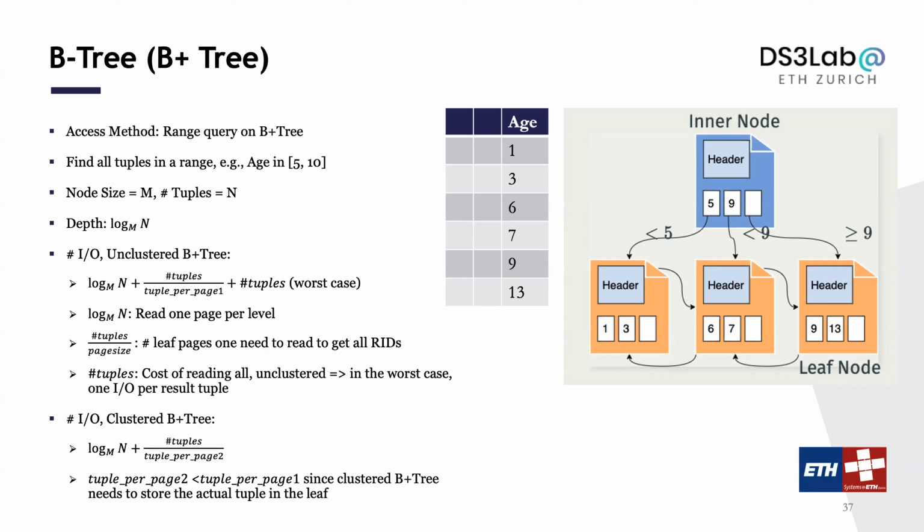One thing to take into consideration is that tuples per page for a clustered B+tree is going to be smaller than for an unclustered B+tree, simply because in the clustered B+tree you need to store the actual tuple, so every leaf node can only contain fewer of them. Okay.